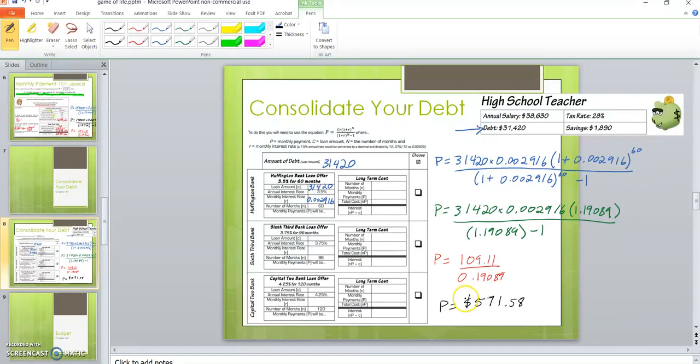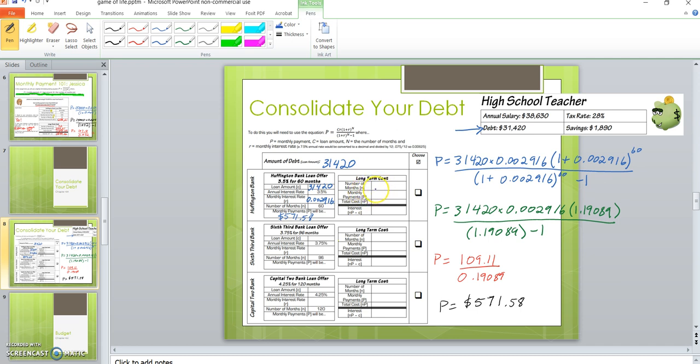So this tells me that for my first bank loan offer, the monthly payments will be $571.58. So now I need to figure out the long-term cost.